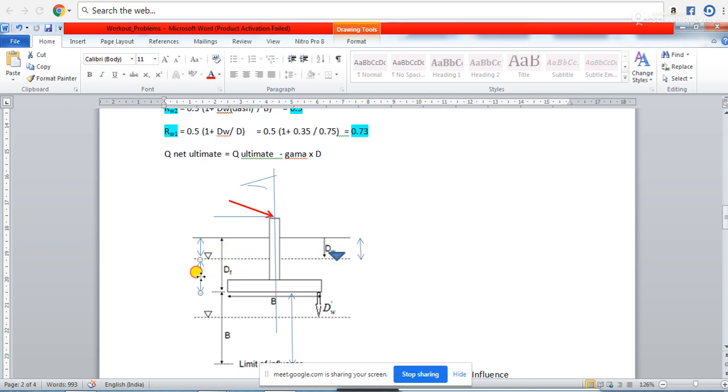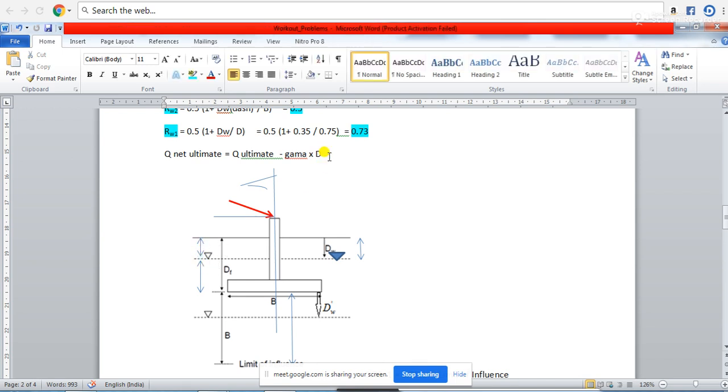So the soil below the water table, up to this depth, is under fully submerged condition. So for this portion you can use submerged unit weight, but for this portion you will have to use saturated unit weight.